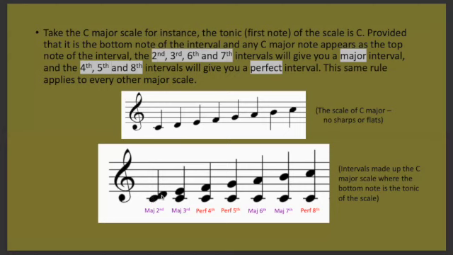And on top, the top note of the intervals consist of notes that belong to the C major scale. Now, if this is the case, we get major intervals or perfect intervals. 2, 3, 6, and 7 will be major, and 4, 5, and 8 will be perfect in every single case.